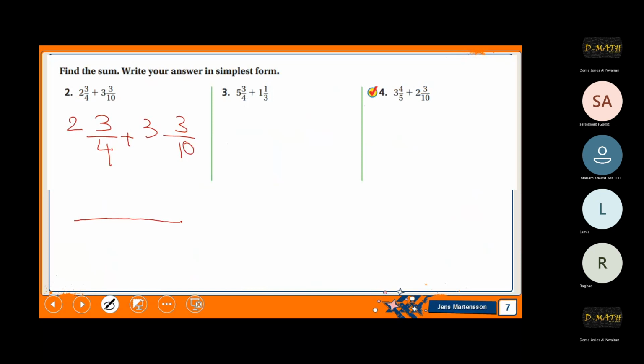First, do you have the same denominator? Okay, continue. But before that, Hunada, do you have a number that you multiply by 4 to give you 10? No, bravo, continue.